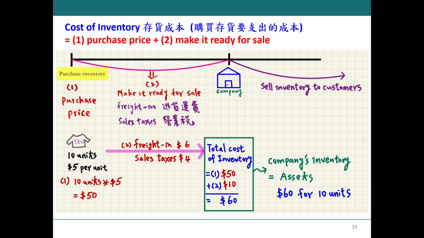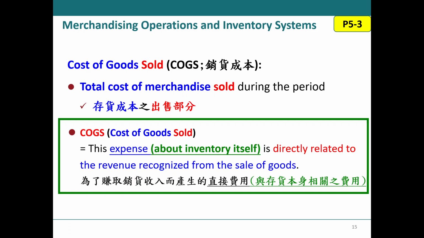Right now, we want to talk about part two. So what's part two? After we got the inventories, what's our purpose? We are going to sell it to customers. So let's go to our part two, talk about sold.